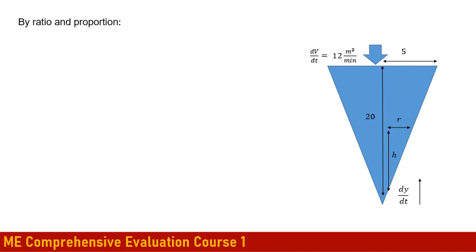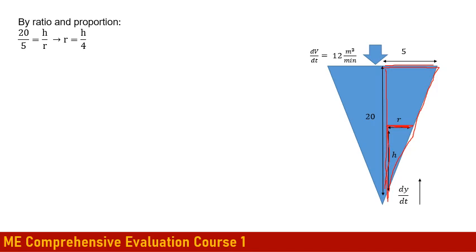By ratio and proportion, if you examine this triangle and also this triangle here, we will have 20, which is this height, over 5, which is the radius of this bigger triangle, equals the height of this smaller triangle divided by the radius, which is this one.